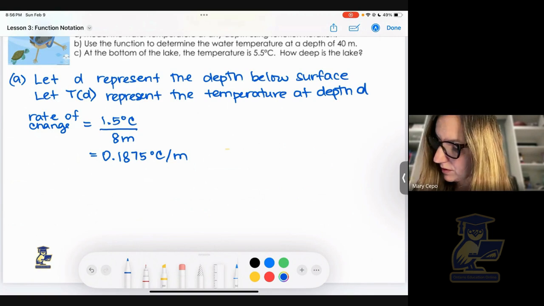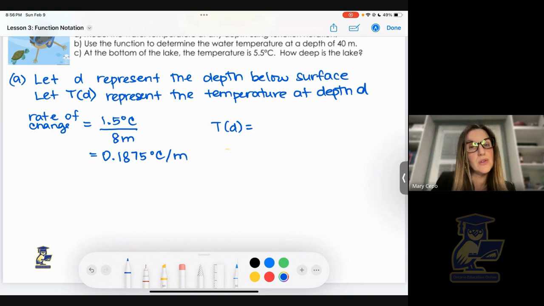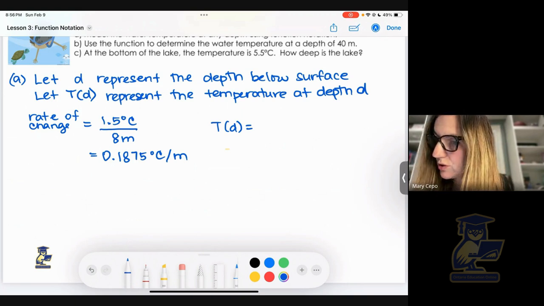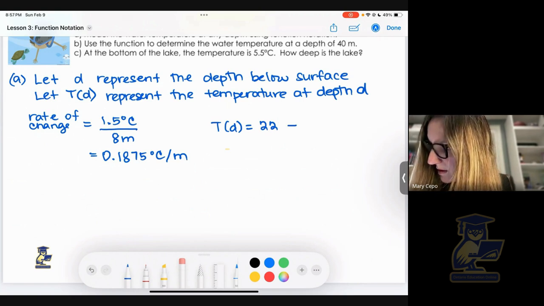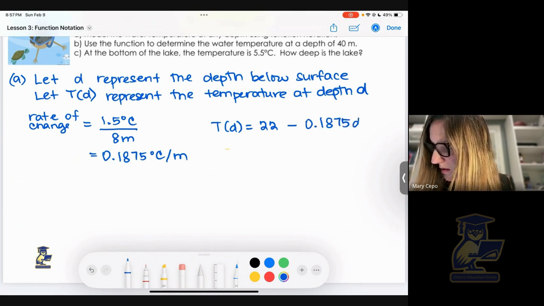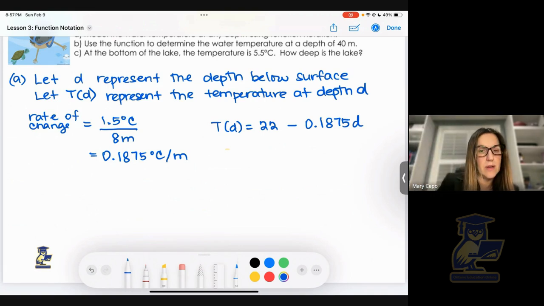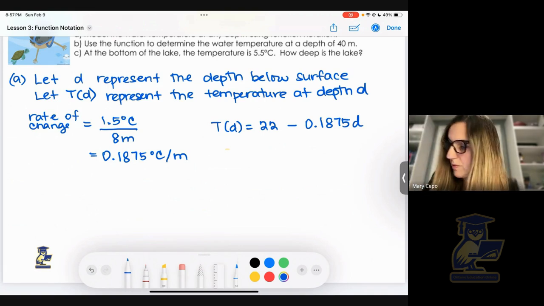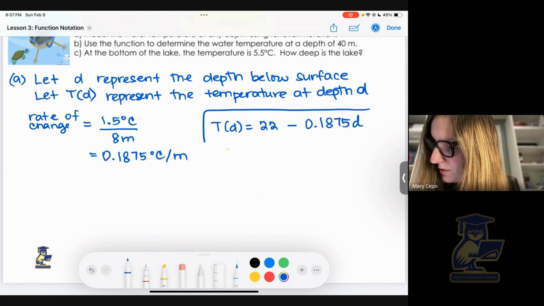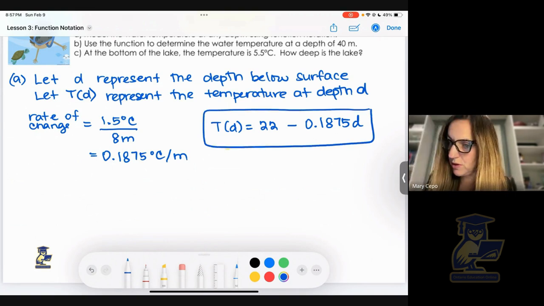We are trying to figure out the temperature at a certain depth. We know the initial temperature, which is 22 degrees Celsius, minus, actually, we don't have to use the units in the function. In the end, we want to make sure with our word problem. And then it decreases 0.1875 every meter. So there we go, the function that will model our situation.